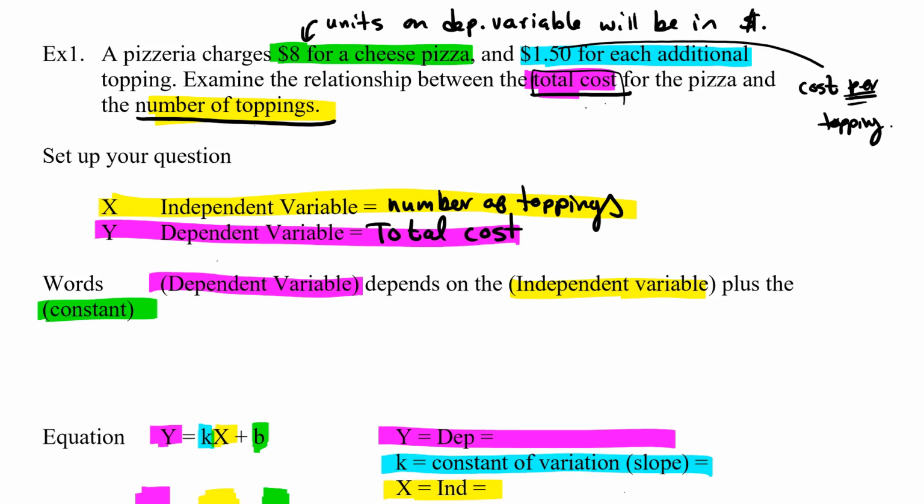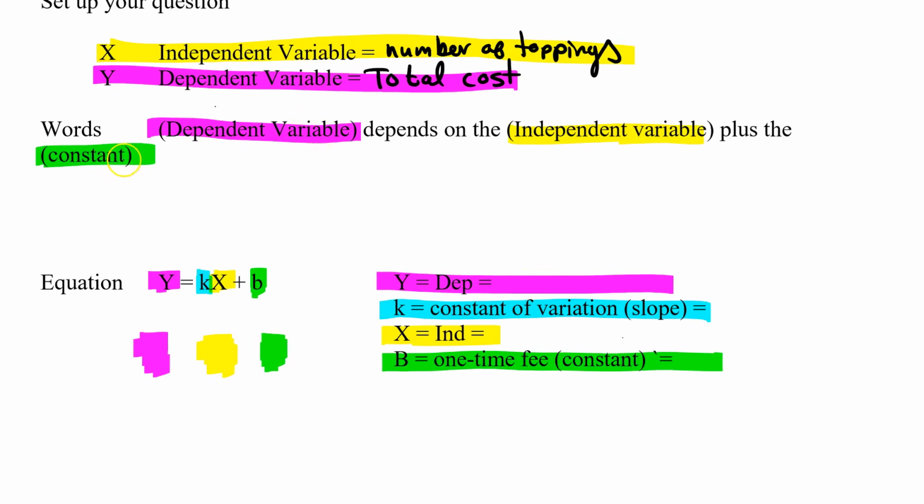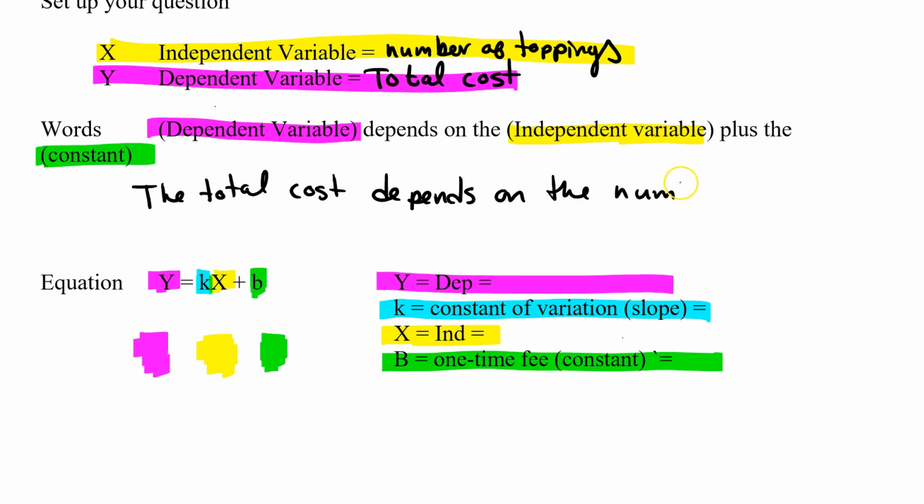If we were to describe it in words, we would say the total cost depends on the number of toppings plus $8.